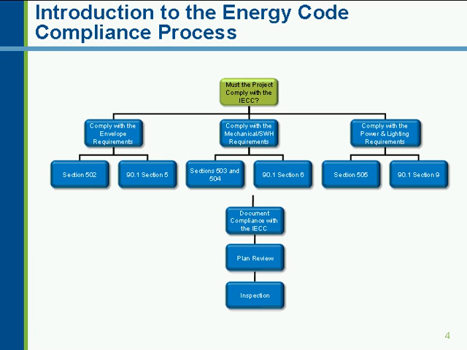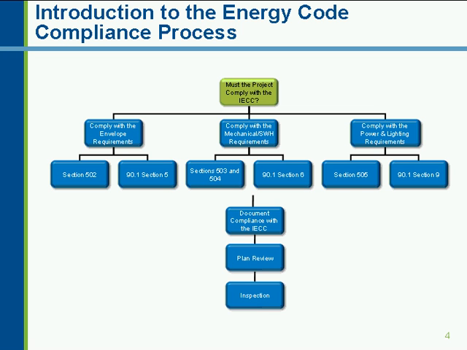First of all, I want to talk about the overall structural change of the 2009 IECC. There was a change that essentially says that if you comply with Chapter 5 of the IECC for the envelope, you must comply with Chapter 5 of the IECC for both mechanical and lighting.